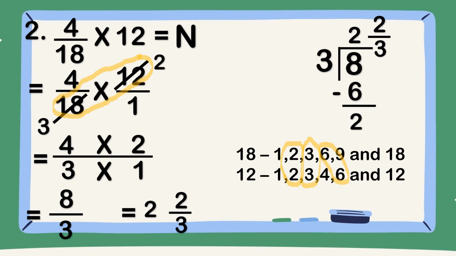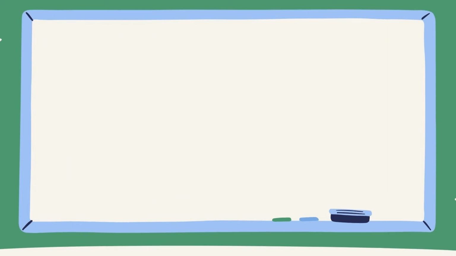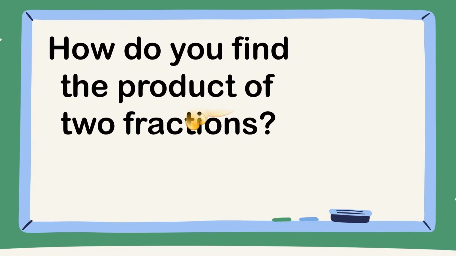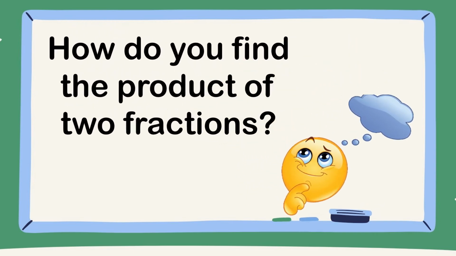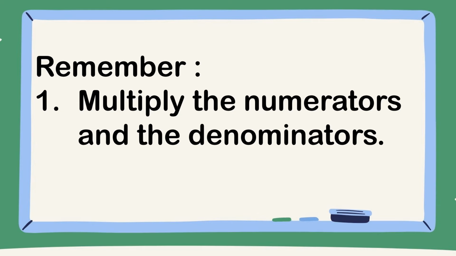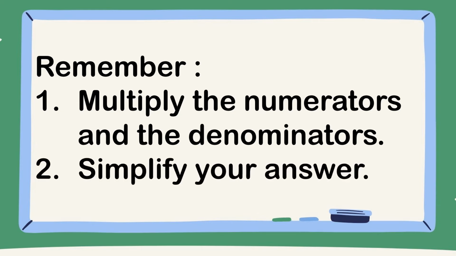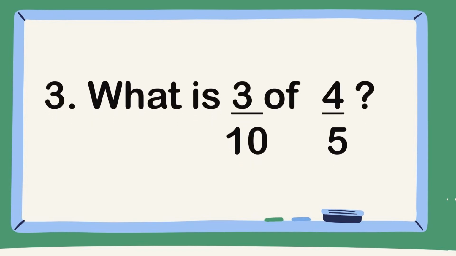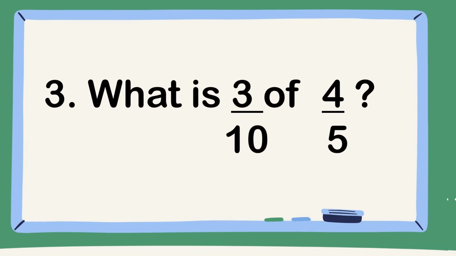Okay, children, that is how to find the product of a fraction and a whole number. Now, how do you find the product of two fractions? Remember, children, to find the product of two fractions, multiply the numerators and the denominators and simplify your answer. Look at this example. What is 3/10 of 4/5?